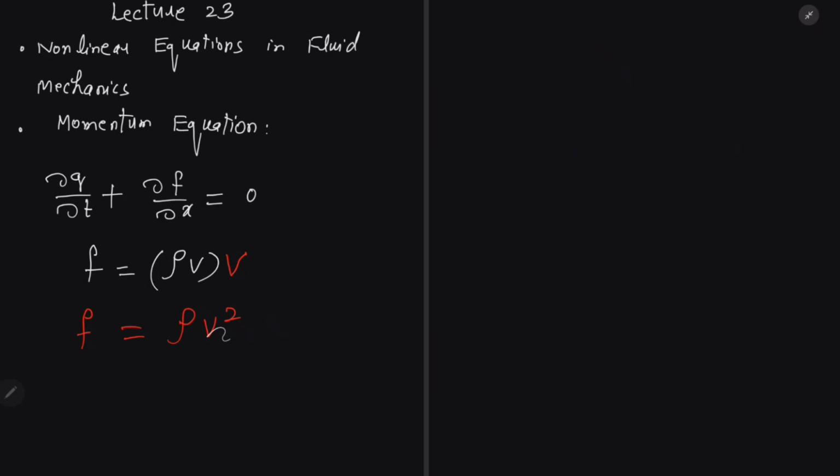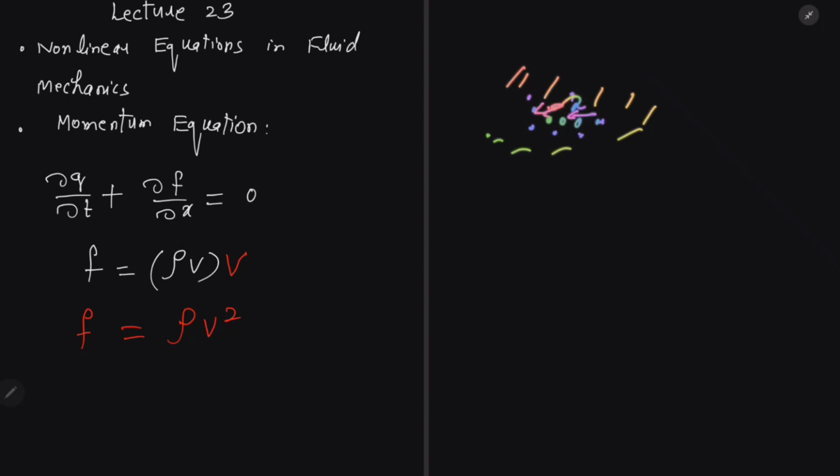This rho v square comes from the bulk motion of the fluid. But if we have, for example, water, then there are small molecules, and these molecules collide with each other.